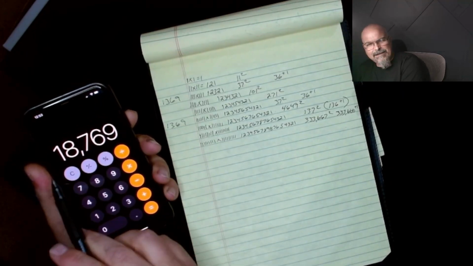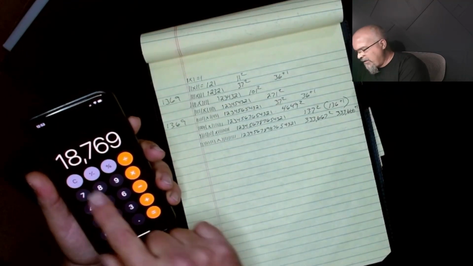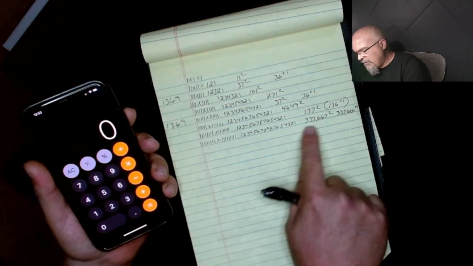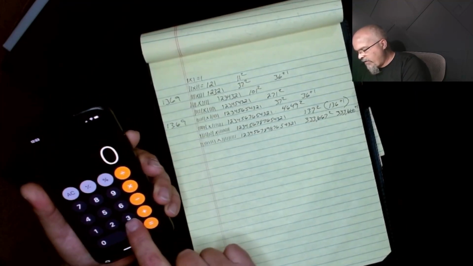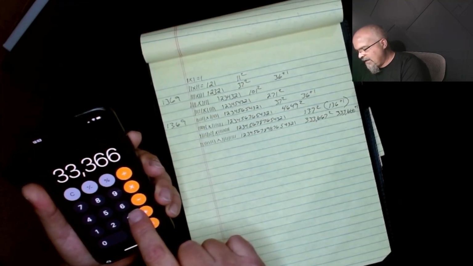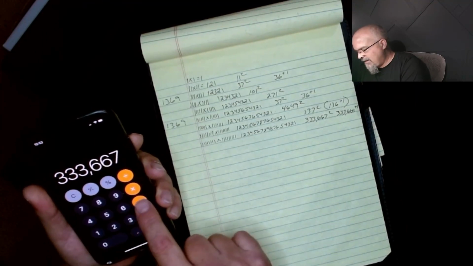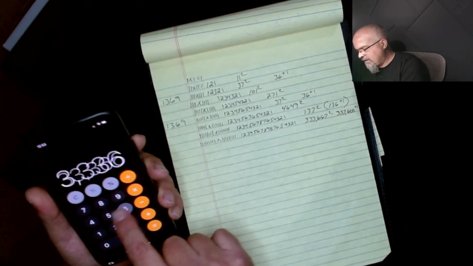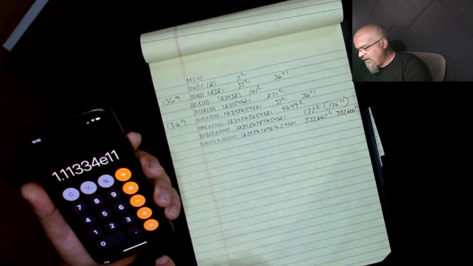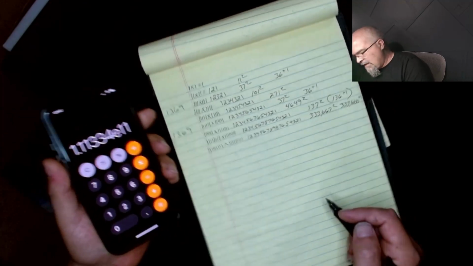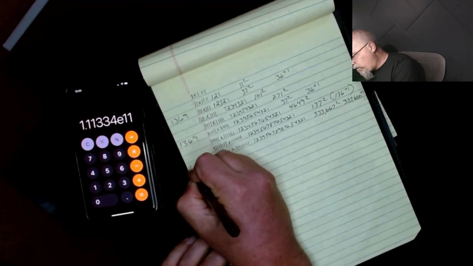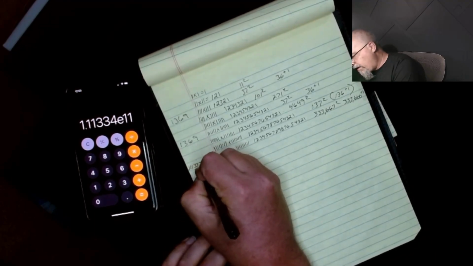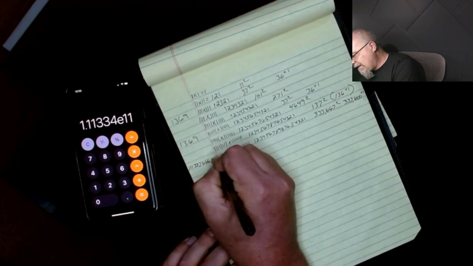It's hard to understand, which is why a lot of you got lost. But now let's take 333,667 times 333,667. Well, this calculator doesn't show it, but it comes to 111,333,666,999.